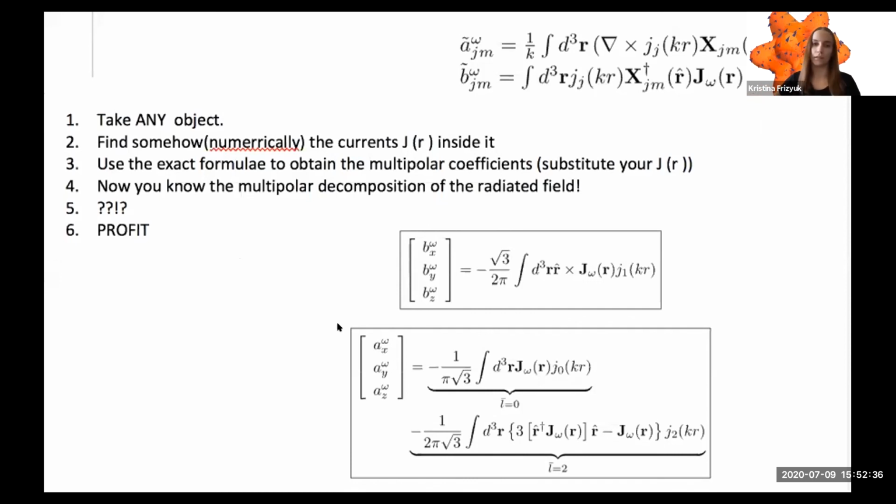And actually you have already done it with Ksenia. You found the currents and the field inside the nanoparticle numerically with COMSOL, and then I think you did the multipole decomposition by using a formula like this, or maybe you used the approximate formula. But this works in a similar way because the formulas are similar.